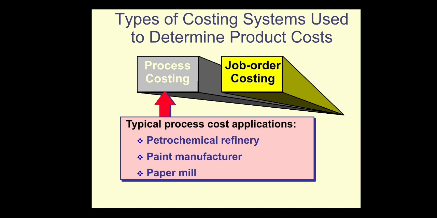Coca-Cola company produces Coke soft drink. That is a single product, but the company produces millions of bottles of Coca-Cola soft drink in one accounting period.